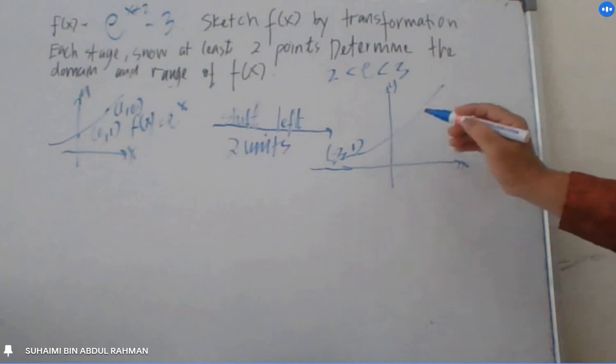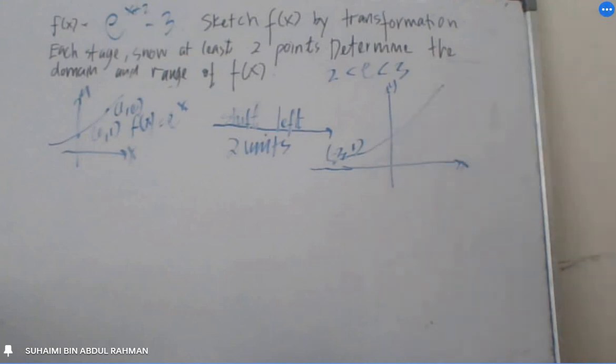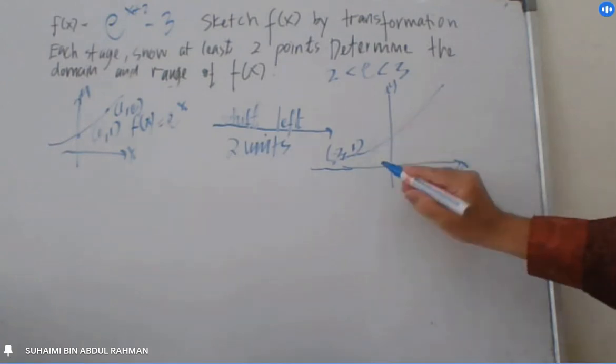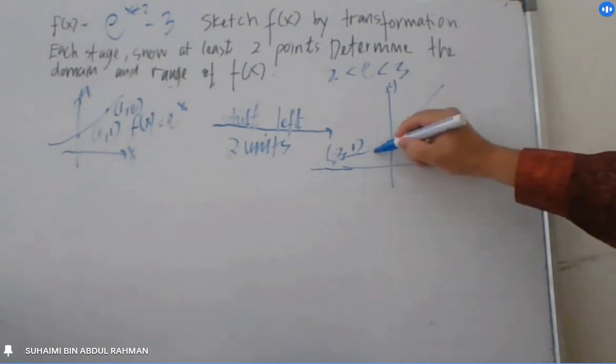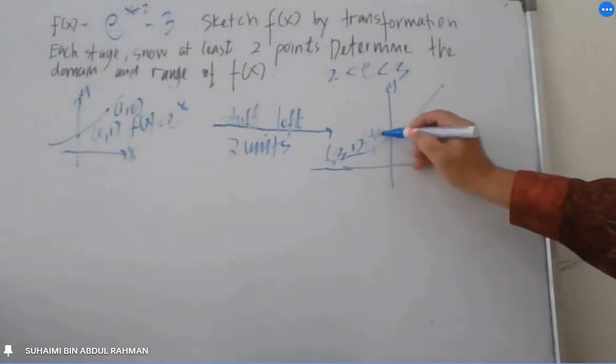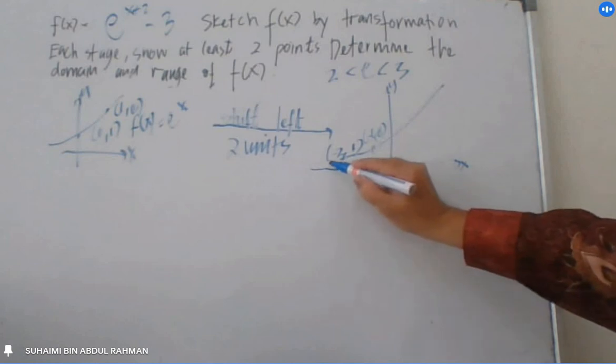The point (1, e) will go to the point (-1, e). Again minus for the negative. Those two points now.